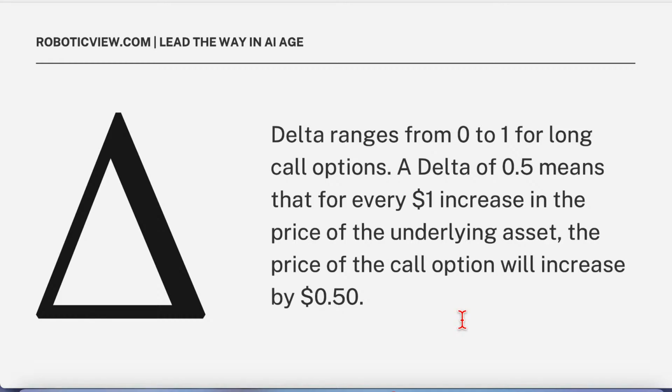In this presentation, we're talking about stocks only. Suppose we have Apple stock and Apple might go $1 up or drop $1. Based on that increase or decrease, delta will tell us how much our option price will change.